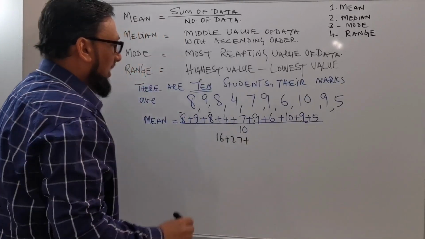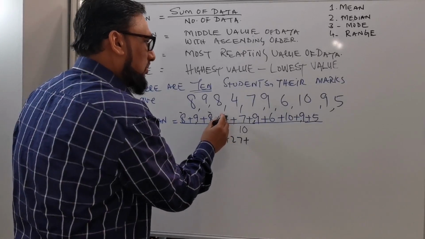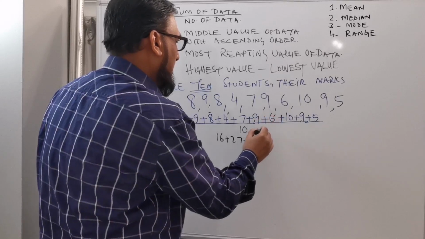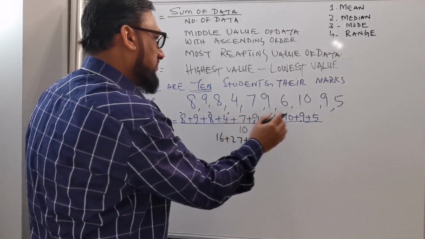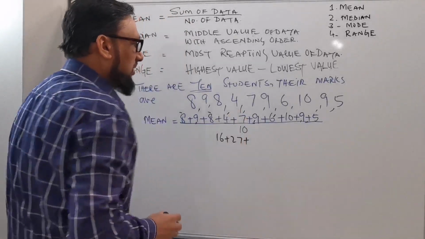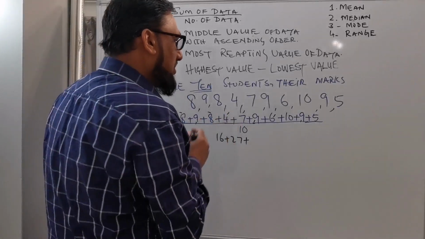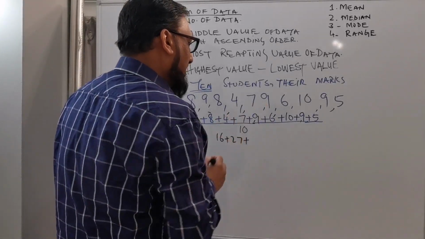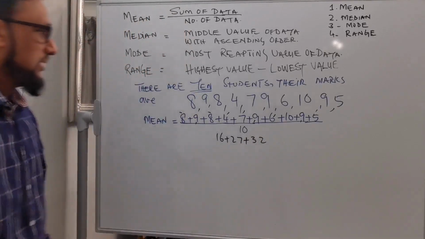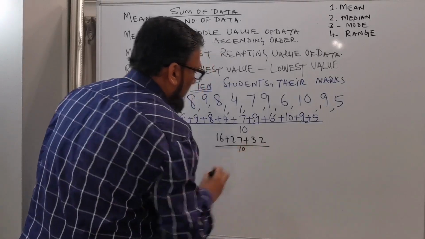And then I would go for 4, 6, 10. 10 plus 5, 15. 15 plus 7, 22. And 22 plus 10, 32. And then you divide by 10.